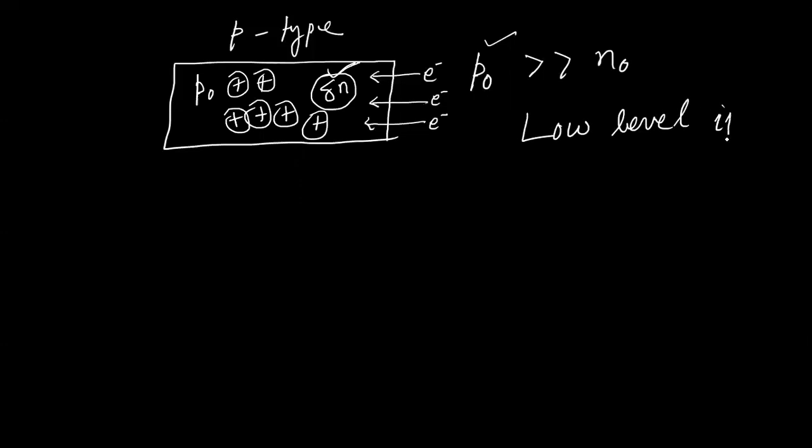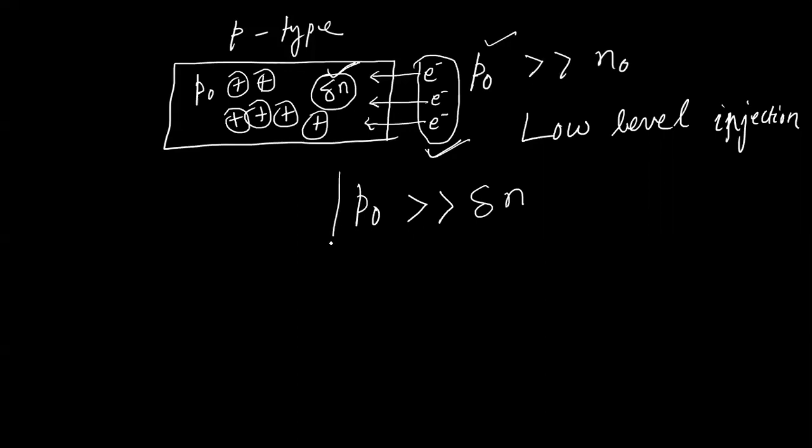This terminology is used in all the textbooks. What does low level injection mean? It means that the excess carriers injected in this p region, with concentration delta n, are much less than the original thermal equilibrium concentration of holes.